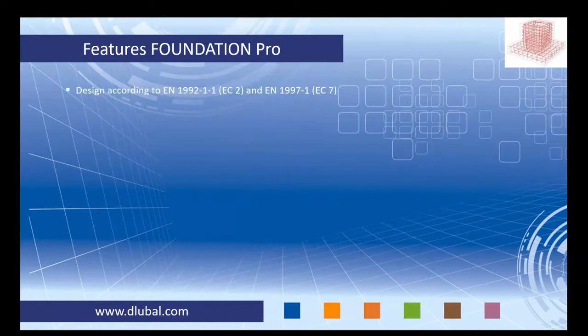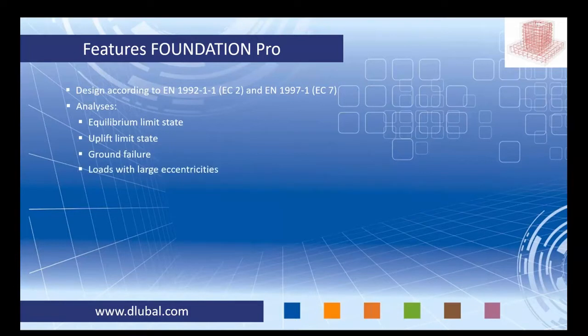We can do a design according to Eurocode 2 and Eurocode 7. The analysis done for the Eurocode 7 is the equilibrium limit state, then the uplift limit state, ground failure. We look at loads with large eccentricities.